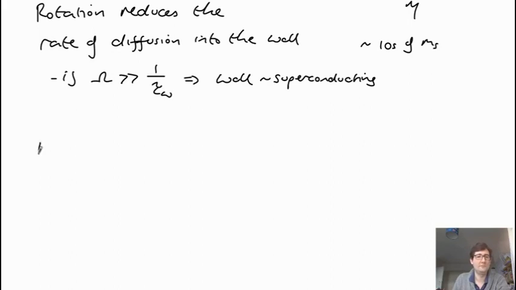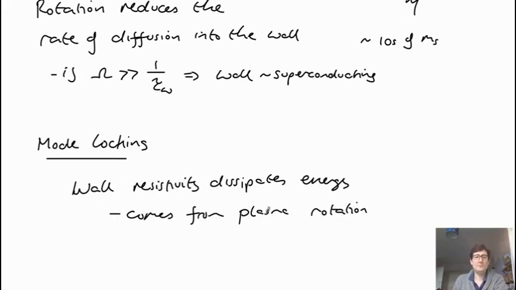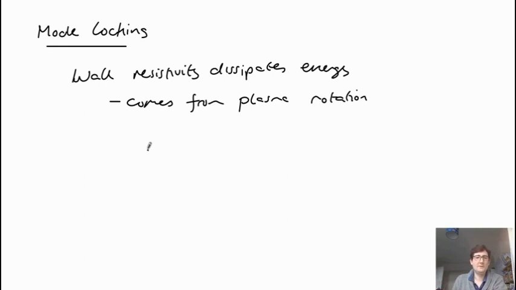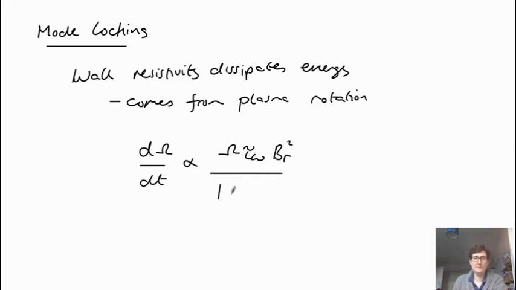It's called mode locking. An approximate expression of how this varies is that the rate of change of the rotation is basically proportional to the current rotation times the timescale of the wall, and then the square of the radial magnetic field, over 1 plus, roughly, omega squared times tau wall squared.